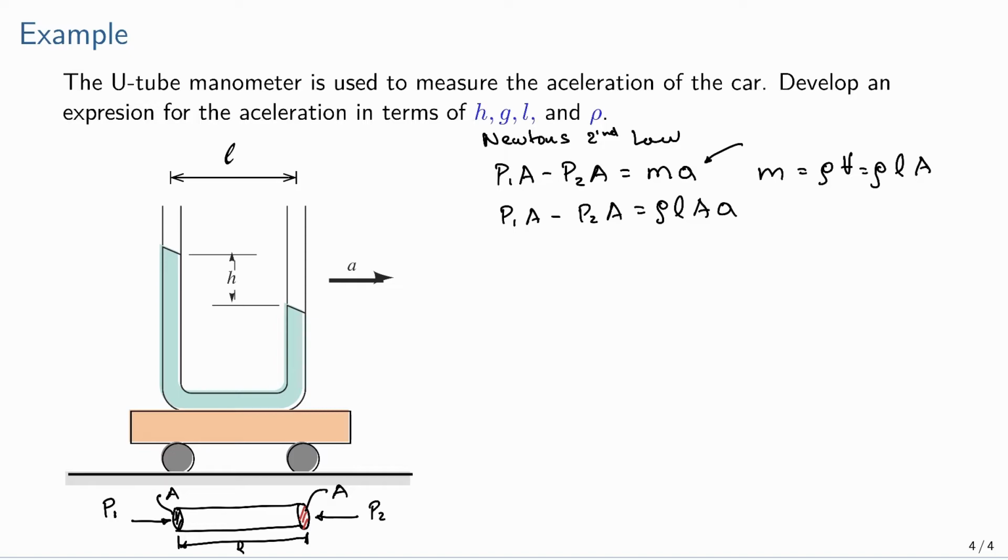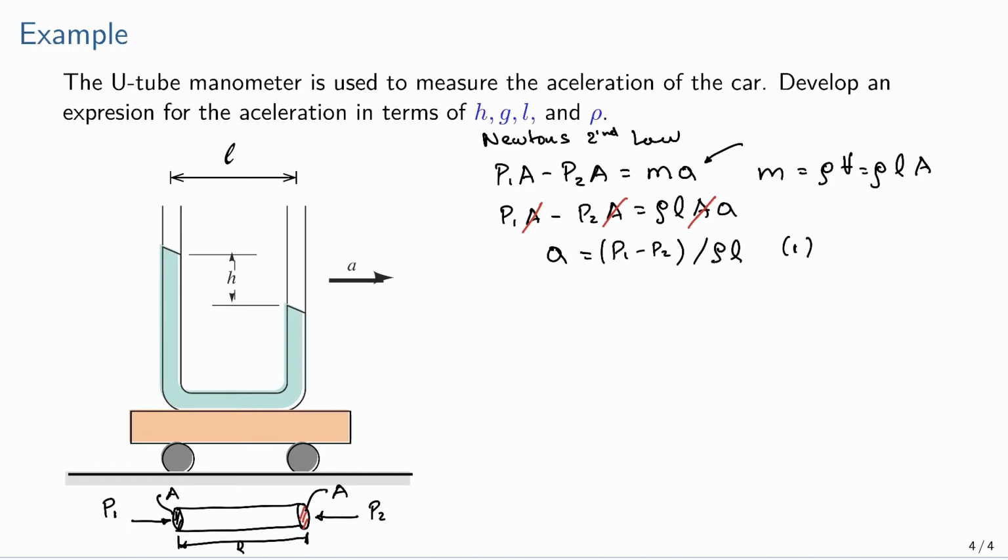Now we can cancel the area in all the terms, and therefore we can solve for A. Solving for A, we have P1 minus P2 divided by rho L. So the acceleration is P1 minus P2 divided by rho L. And so this is our first equation.